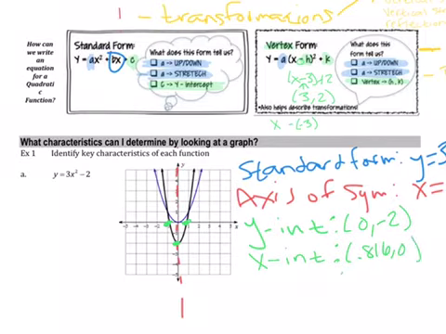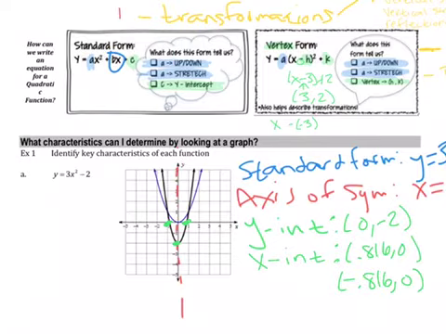Now you might be saying, Mr. Mal, how did you come up with such a weird number like that? I used Desmos to come up with what the x-intercepts are, because it's not perfectly at the point 1, 0. So I'm not going to write it at 1, 0. I don't want to confuse you guys and get you in the habit of just guessing, because it's not always going to be that perfect.